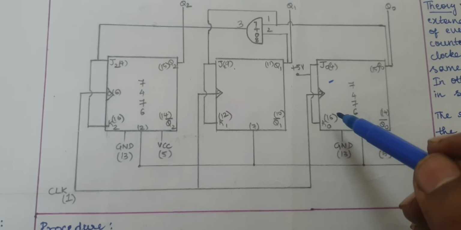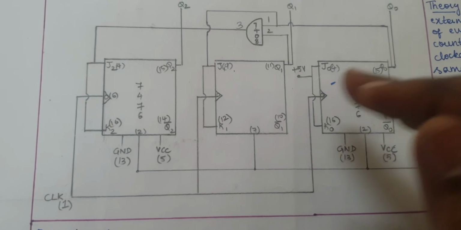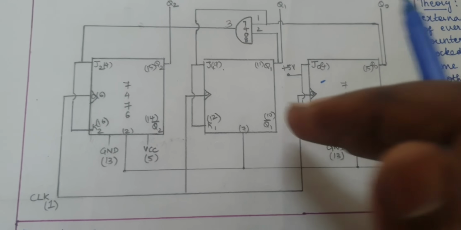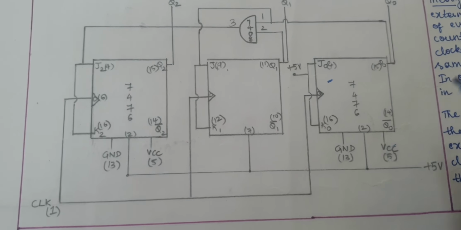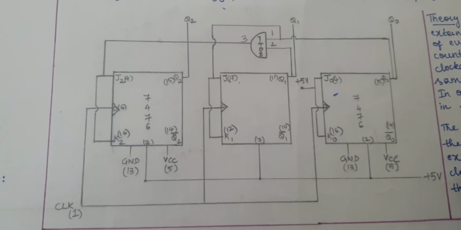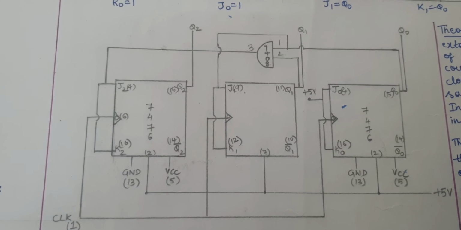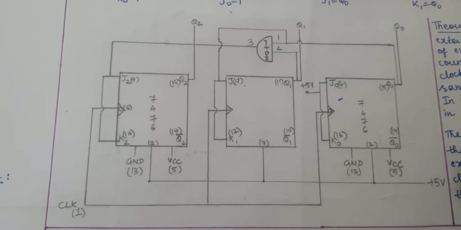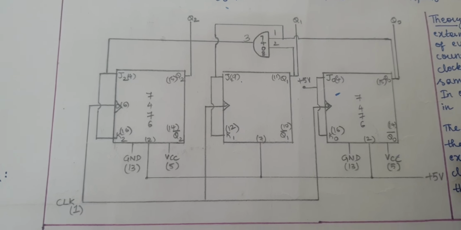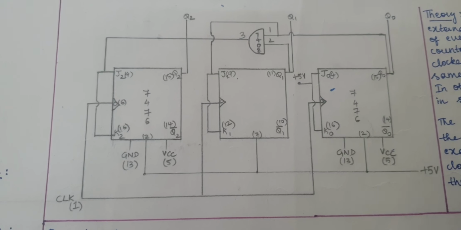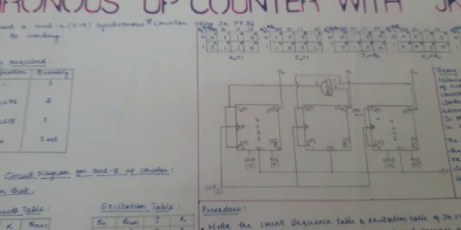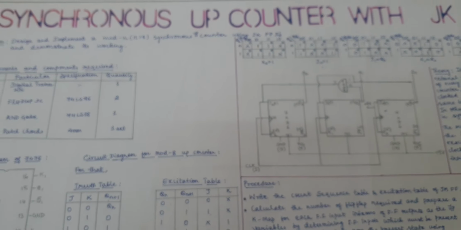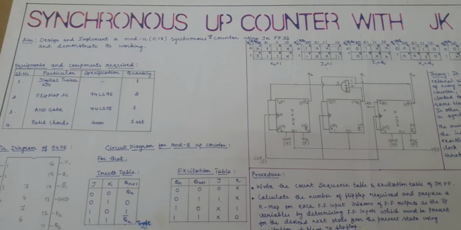After writing this, if you do the proper connection with your digital trainer kit, your mod 8 counter is ready, so that your counter starts working and counts from 0 to 7 and again from 0 to 7. This is all about your synchronous up counter with JK flip flop. Thank you.